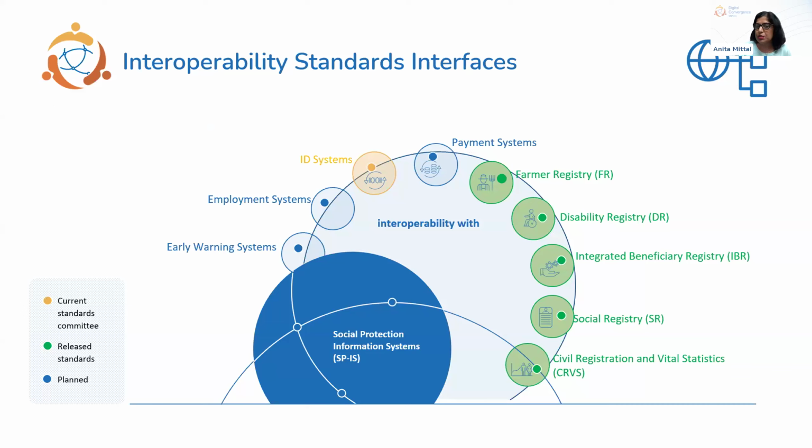We finished 7 in-action workshops, but 5 interfaces released, and the 6th one is in progress. Today we are looking at the in-action workshop which will inform the development of standards for the employment systems. And the next ones in queue are early warning system and payment systems. Moving on, next slide.